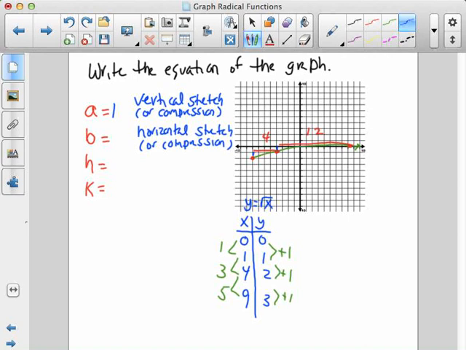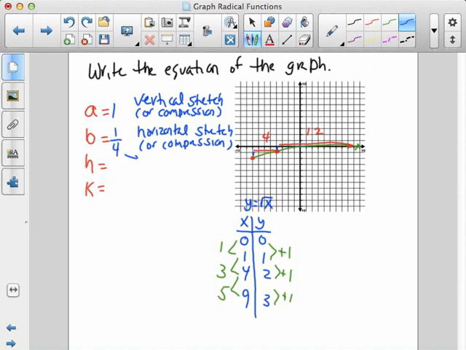And you might be tempted to say that our B is 4, and you'd be wrong on that. It's because if my B value was 4, I wouldn't need an x value 4 times as much to get to the same Y value. I'd need a B value that was only a fourth of that. So if we're horizontally stretched by a factor of 4, that means our B is the reciprocal.